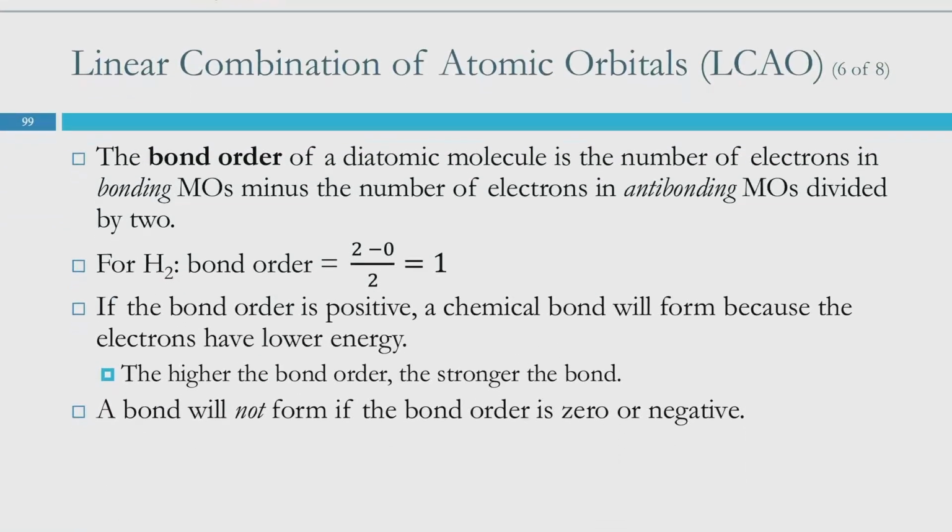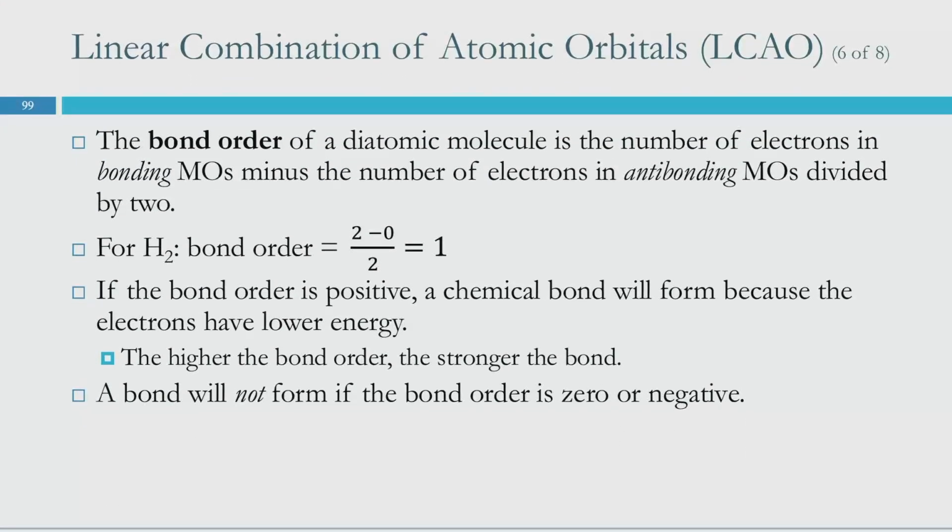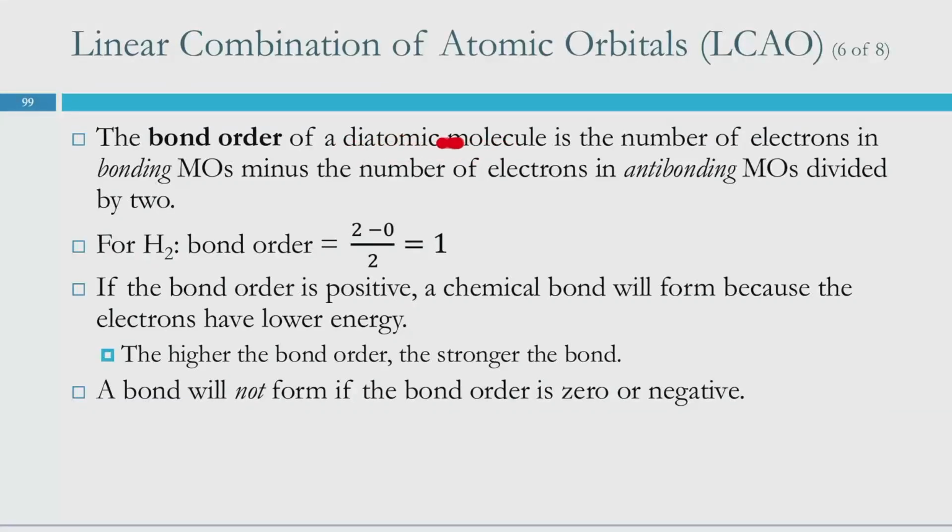We can also calculate the bond order. The bond order for a diatomic molecule is the number of bonding electrons minus the number of antibonding electrons.